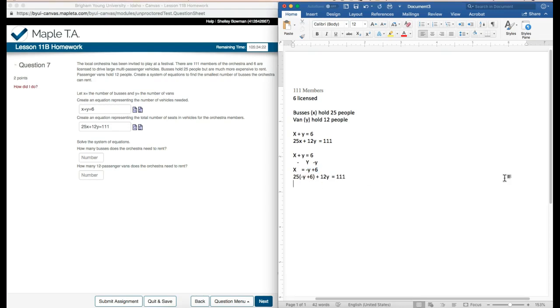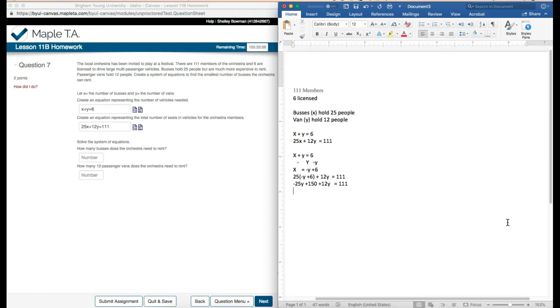Okay, so using the distributive property, 25 times negative y gives me negative 25y, and 25 times positive 6 gives me positive 150, and then I have plus 12y equals 111.